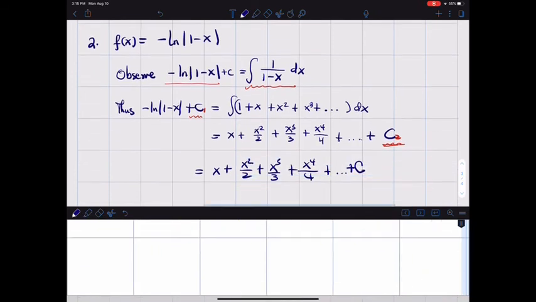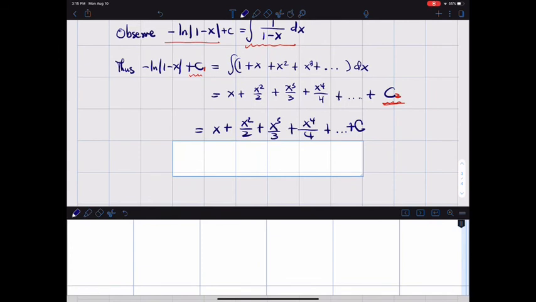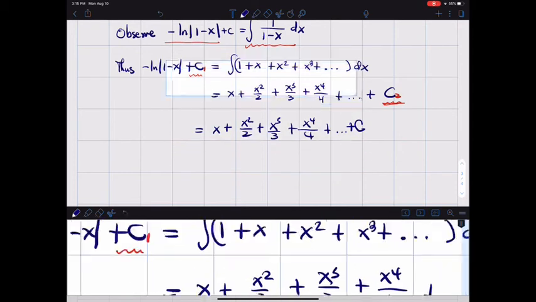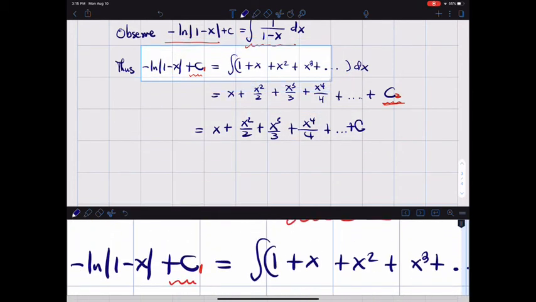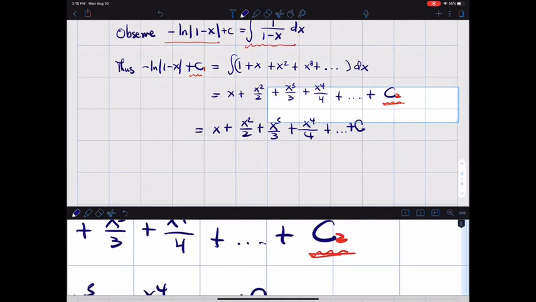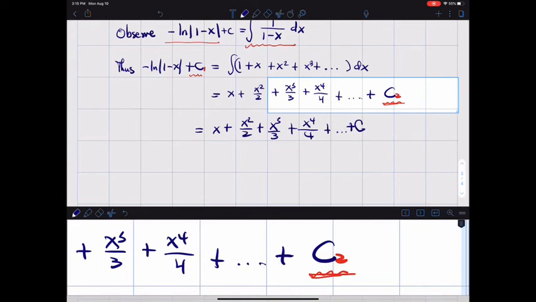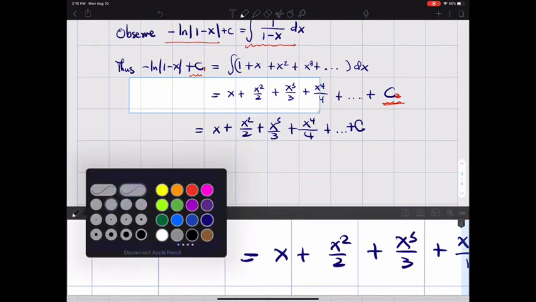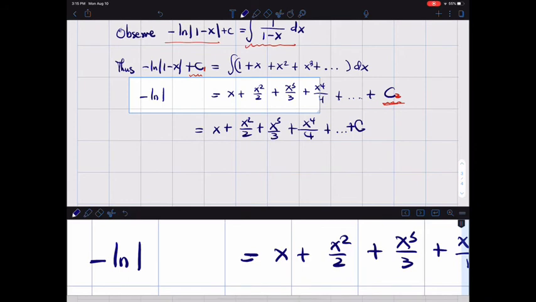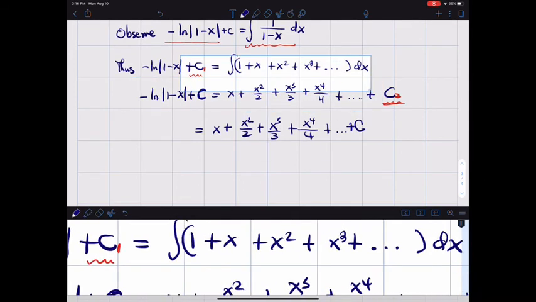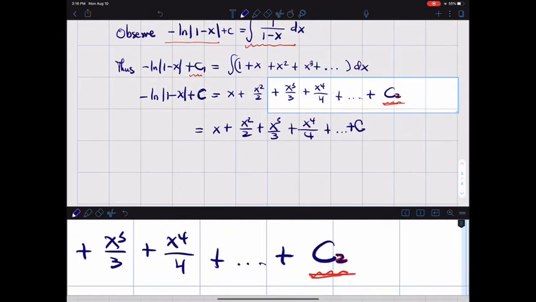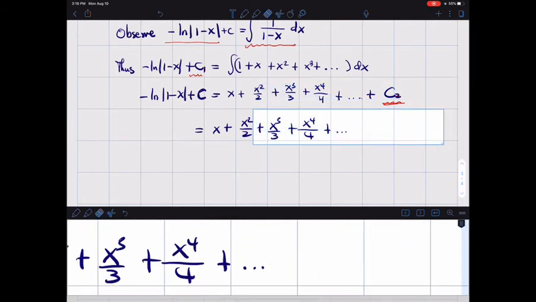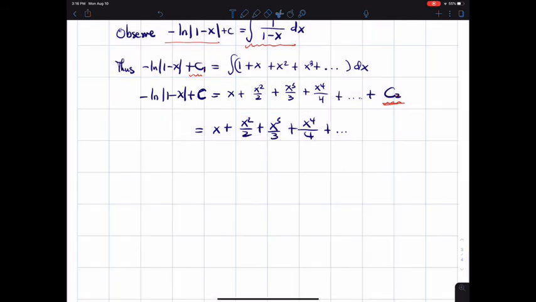Oh, you know what, let's keep c2 where it is and bring c1 over.